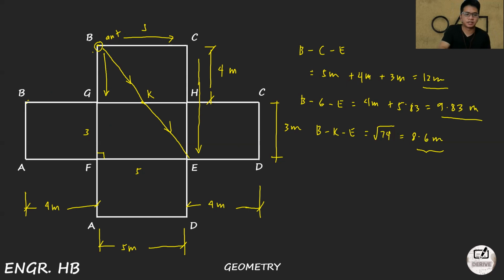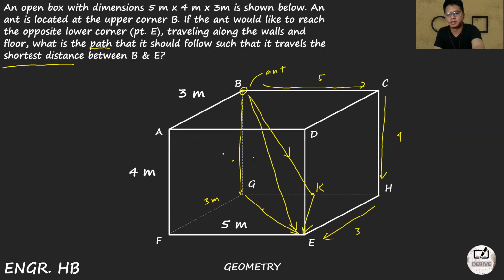So pwede siyang from point B pumunta rito somewhere here between point G and point F and siya pupunta kay point E. So parang yung nangyari lang sa B to K to E, kaso dito naman sa kabila. So, pwede nating sabihin yung point na to is point L, kasi may K na tayo kanina. So magiging from point B to point L, then from point L to point E.